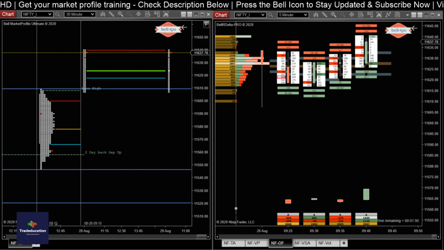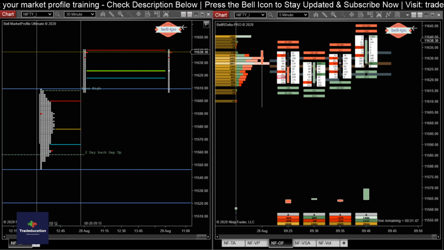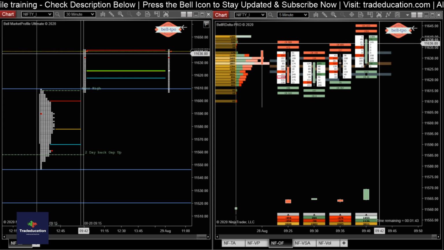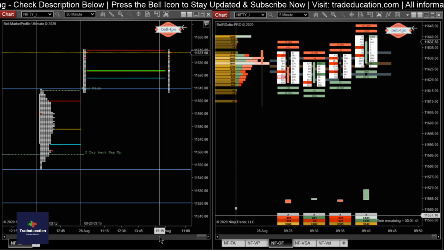Okay, so good tempo came in, so this was the tempo which I had expected. Stop losses are getting hit.